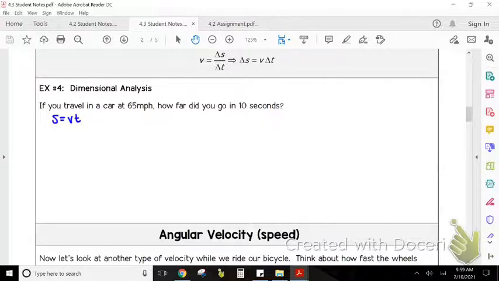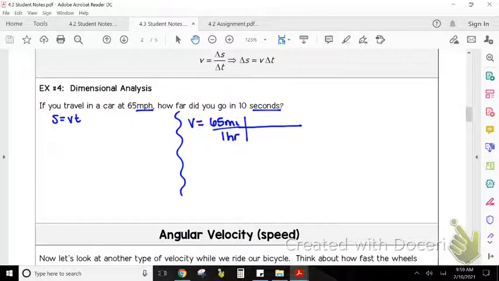All right, now the only difference I see is here it says 10 seconds, and this says miles per hour. So we're going to have to do some dimensional analysis here to change that, okay? So miles per hour, that is the rate, so that's our velocity. So I'm going to come over here on the side, and I'm going to change that. So if our velocity is equal to 65 miles per 1 hour, we need to be able to change that down to seconds.